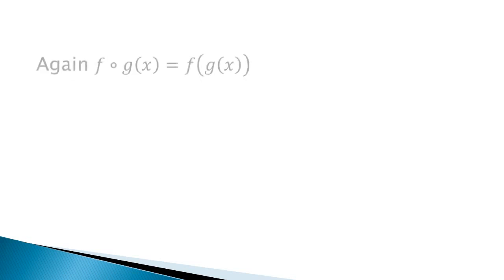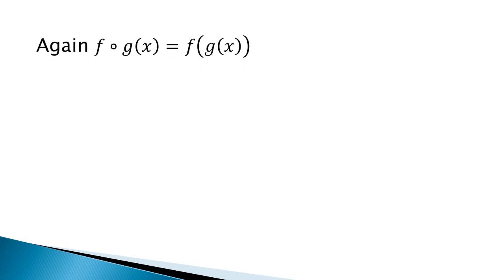Let me find the other value, that is f of g(x). To find f of g(x), we put the value of g(x) here. What is g(x)? g(x) is given as cube root of x. Now follow the definition of f(x).